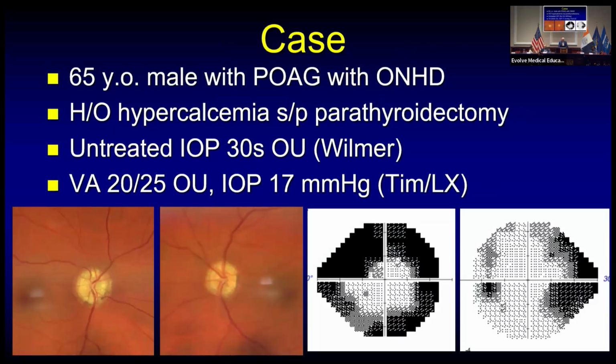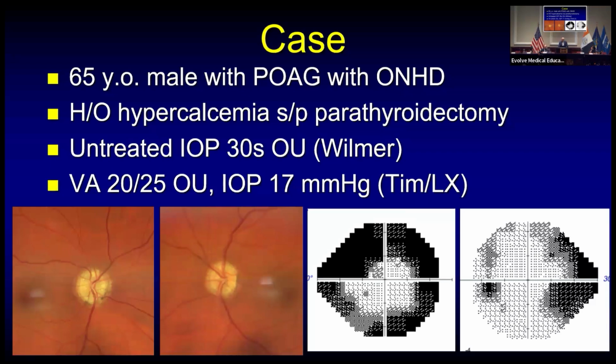So here's an example. This is a patient who has both glaucoma and optic nerve head drusen. Interestingly, in an unrelated systemic finding, I think the patient was treated for a parathyroid tumor, had a diagnosis of elevated serum calcium, and subsequently had surgery to remove the parathyroid tumor.